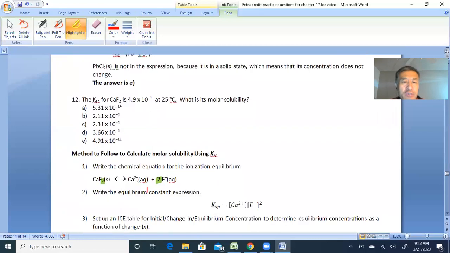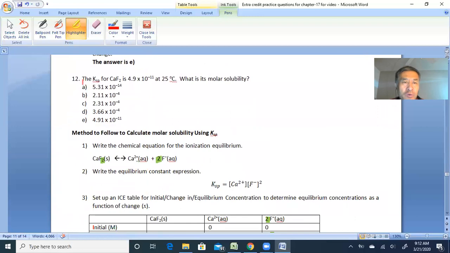Okay, so the next question is 12. It gives you the Ksp for CaF2, calcium fluoride, as 4.9 times 10 to the negative 11 at 25 degrees Celsius, asking for the molar solubility. Molar solubility means how many moles per liter of this given salt dissolve in water.